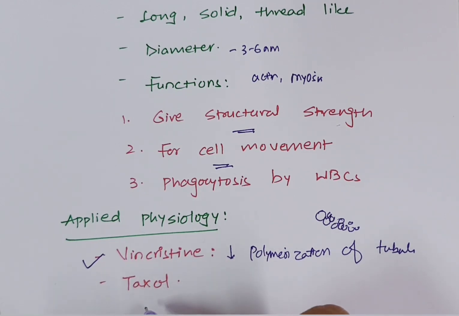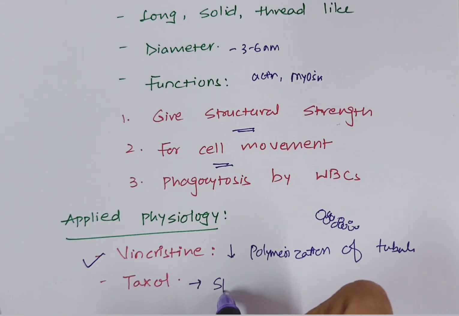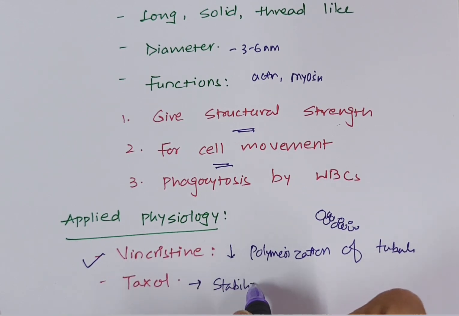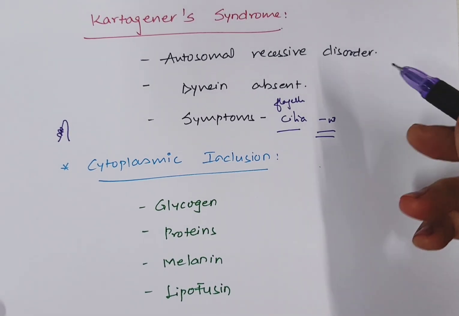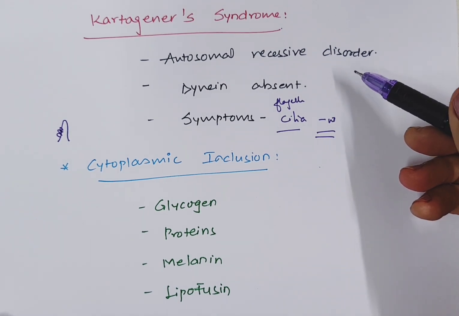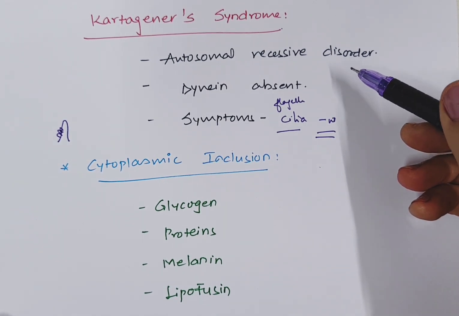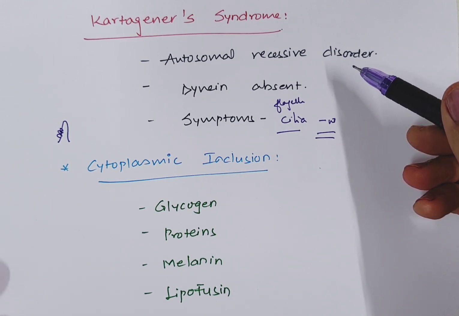Another is Taxol. It is also an anti-cancer drug, but its action is that it stabilizes microtubules. Stabilization of microtubules also decreases mitosis. Another applied point is Kartagener syndrome. It is an autosomal recessive disorder. Here dynein is missing in the cilia. Dynein is a molecular motor, so if it is absent, movement is absent.